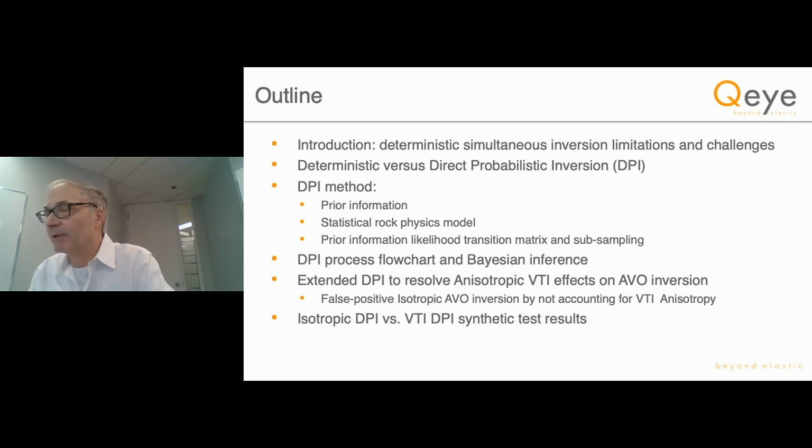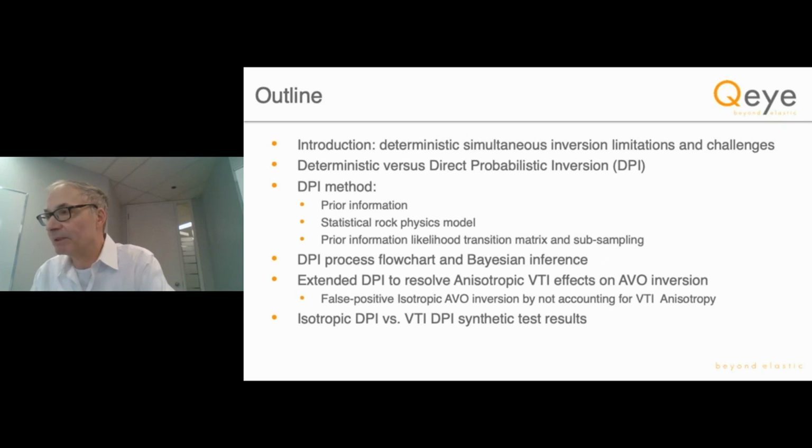I'll compare that to deterministic inversion. And we'll go through the DPI method, which includes things like prior information, statistical rock physics models, and the likelihood in terms of a transition matrix for the prior information and subsampling.